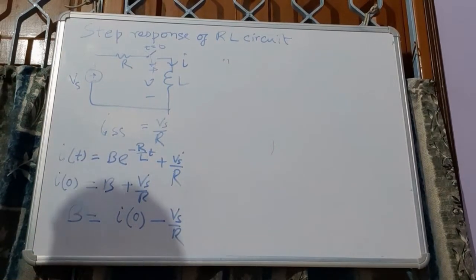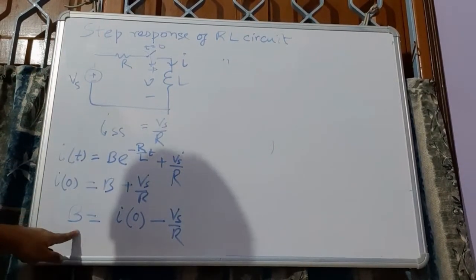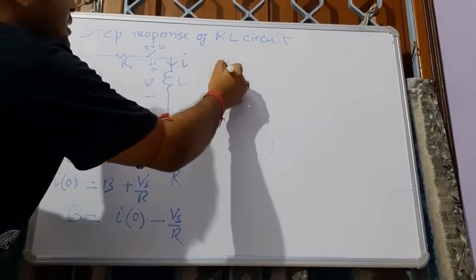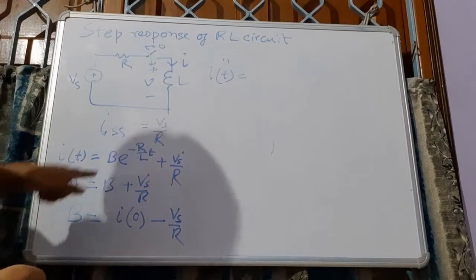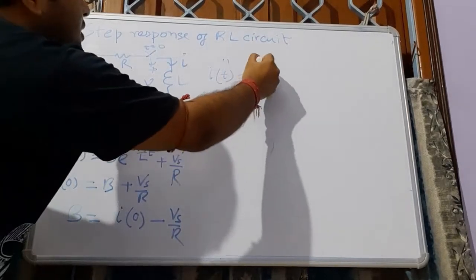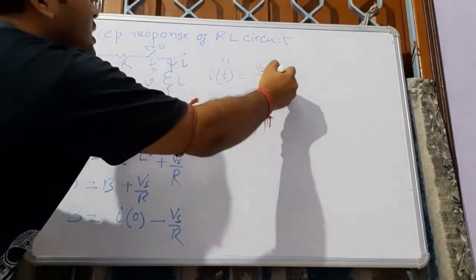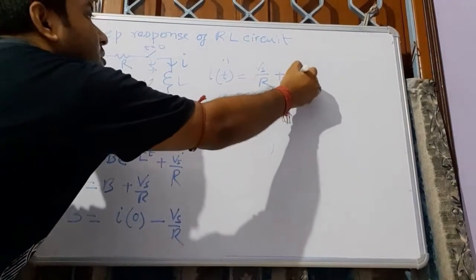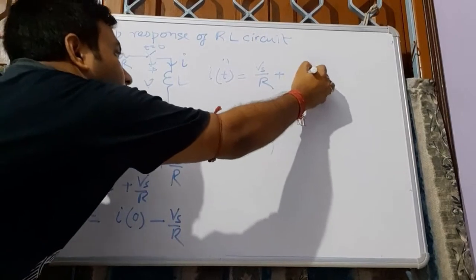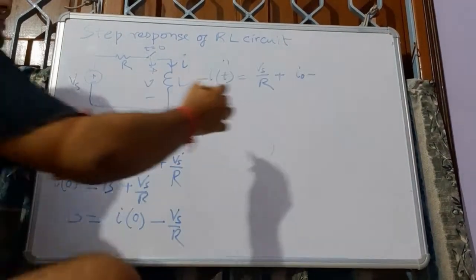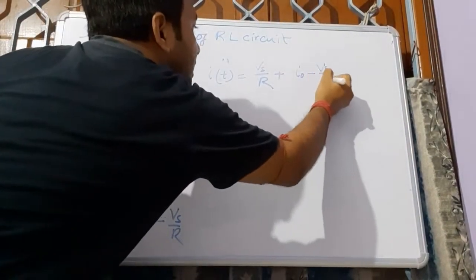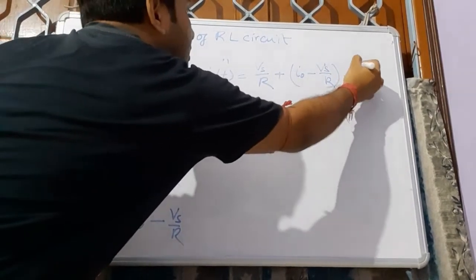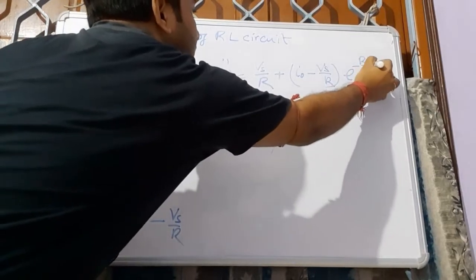Now if I put the value of B in here, we will get that i(t) equals to Vs by R plus i0 minus Vs by R into e to the power minus R by L into t, right?